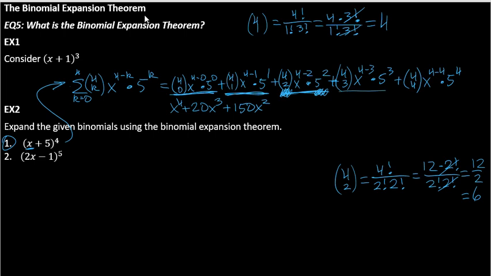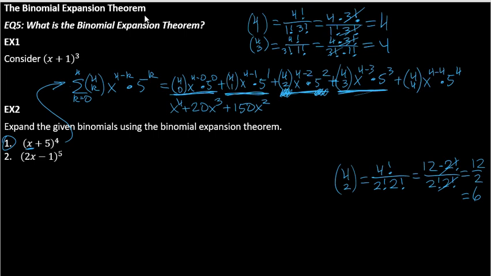Okay, then we're going to move on to this term. So 4 choose 3, and you're going to notice a pattern here. So I'm going to do it next to 4 choose 1. So 4 choose 3 is going to be equal to 4 factorial over 3 factorial times 1 factorial. Okay, and we're going to have 4 times 3 factorial over 3 factorial times 1 factorial. 3 factorials cancel.